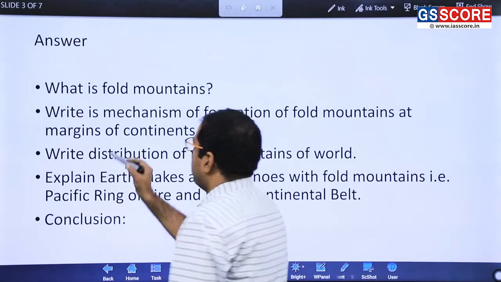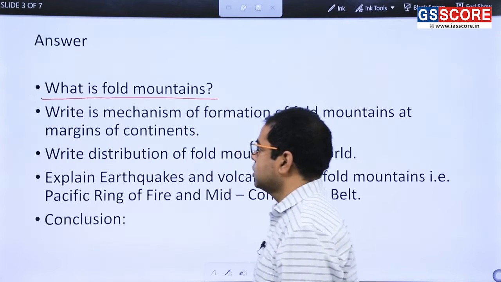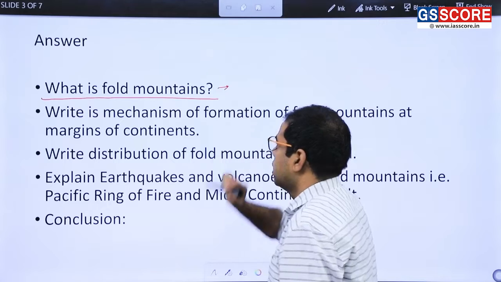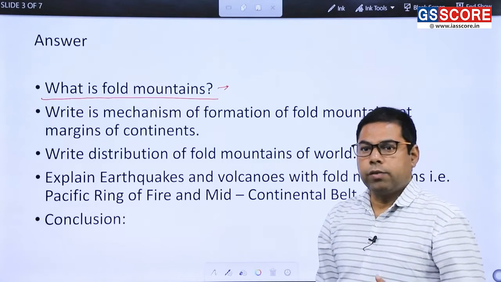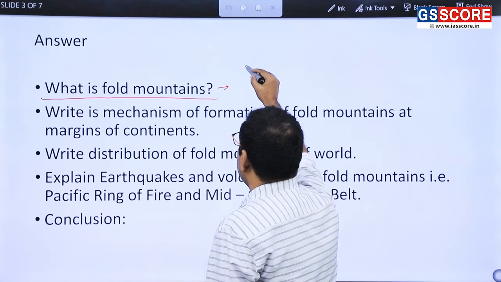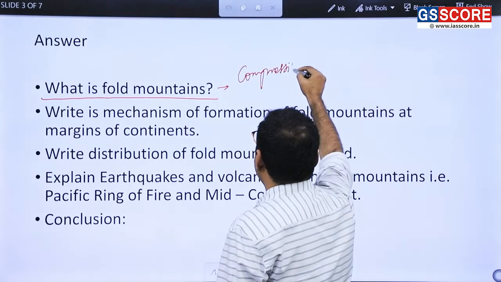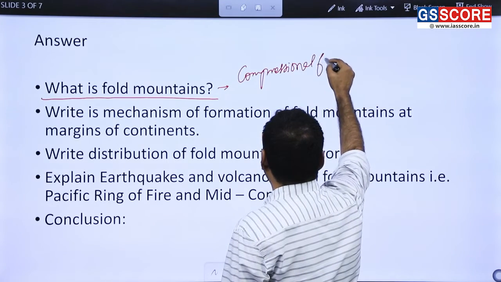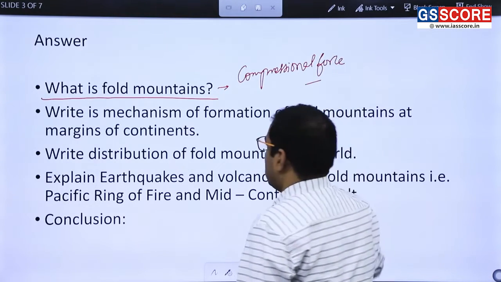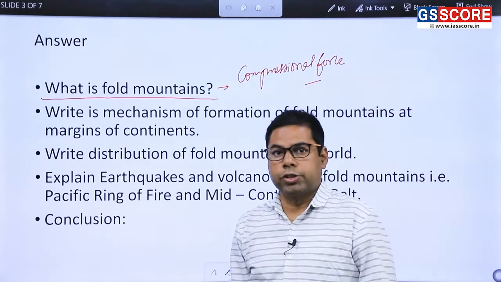First you are supposed to write what a fold mountain is. It is a raised part formed under the effect of compressional force. So a fold has been formed under the effect of compressional force.